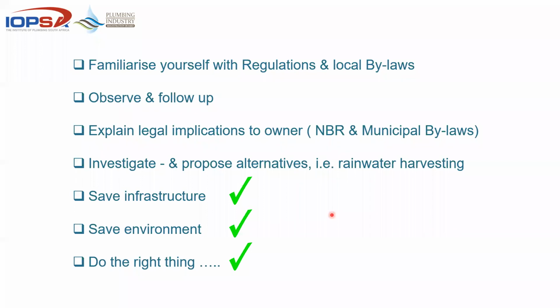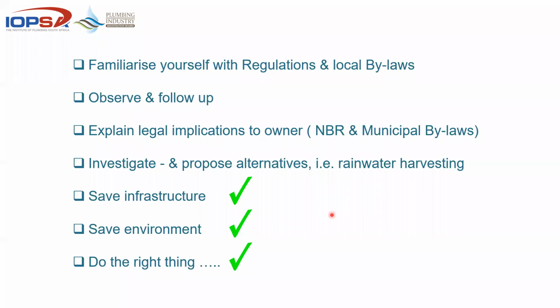As plumbers, if there's no infrastructure, and please, you can share this with anyone, or you can mention it to anyone in any which way, if there's no water supply and there's no drainage in your town, you are basically unemployed. We need to help save the infrastructure in the towns, cities, metros, wherever we work. We need to make sure that those systems keep running so that we can keep operating.